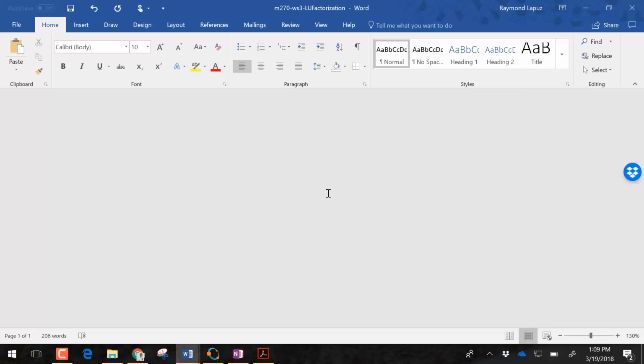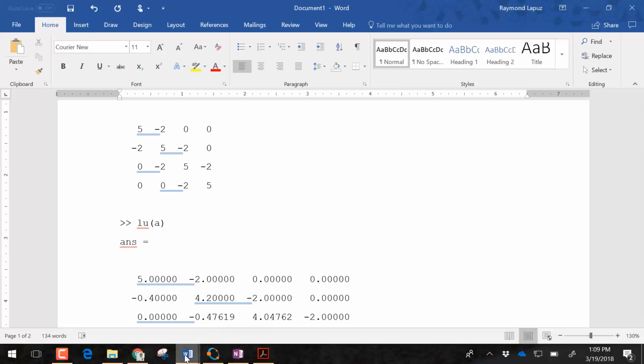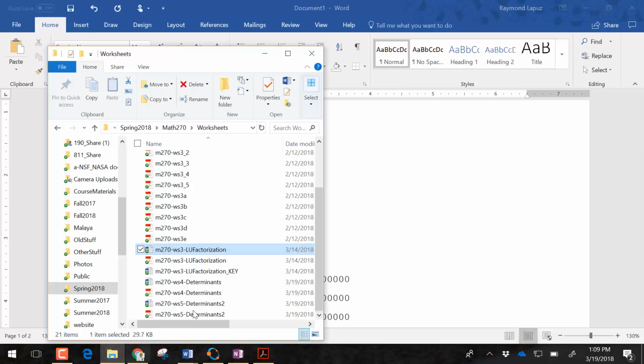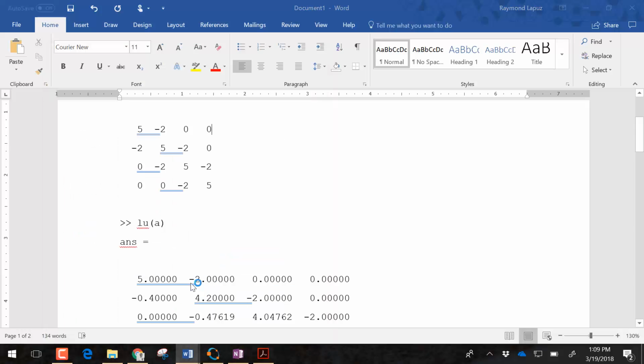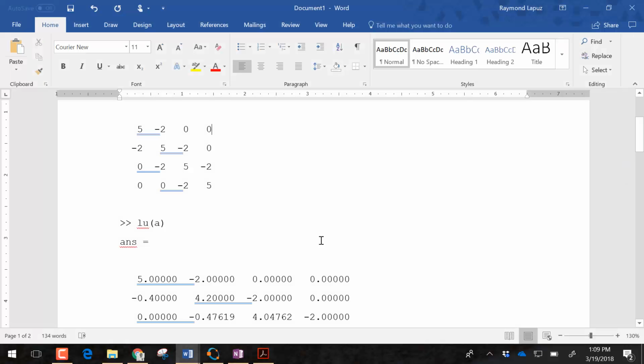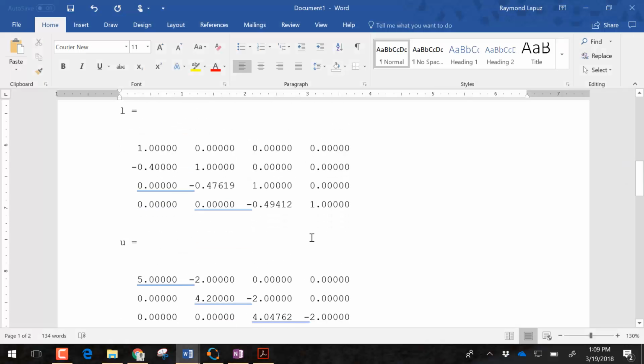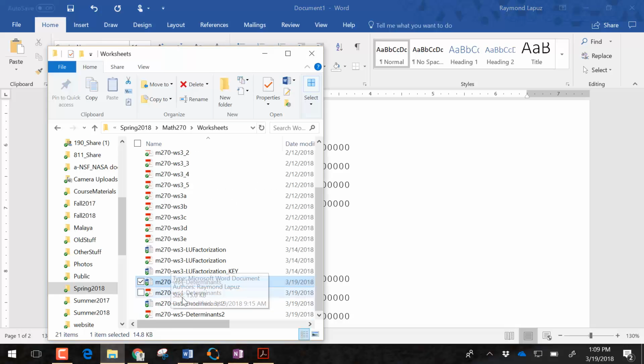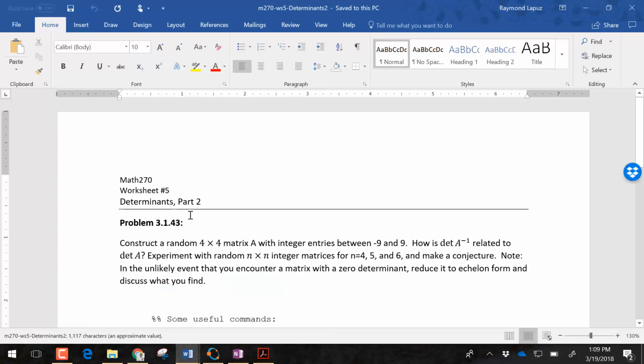Okay. So then I should adjust my other worksheets. So this is worksheet 5. And this is worksheet 6.